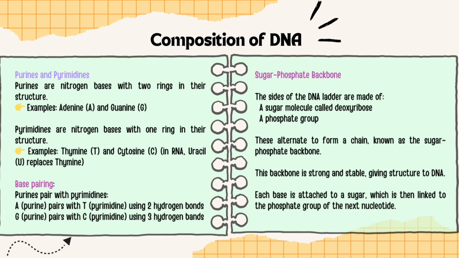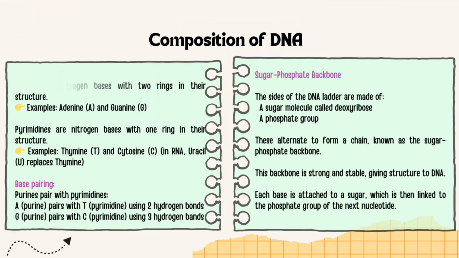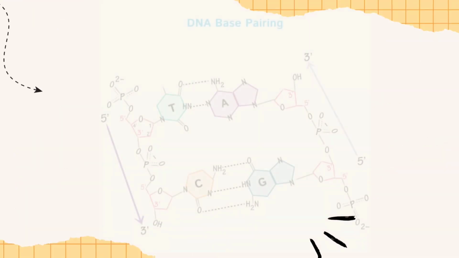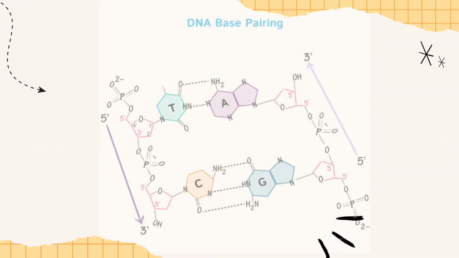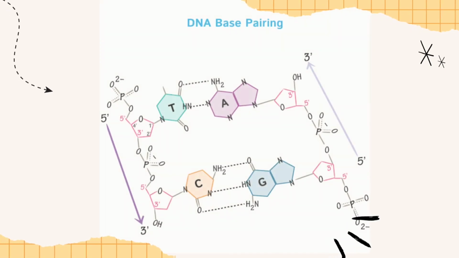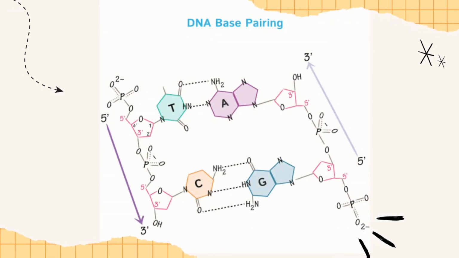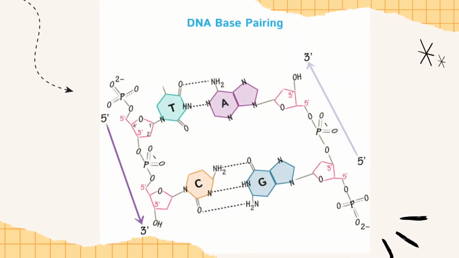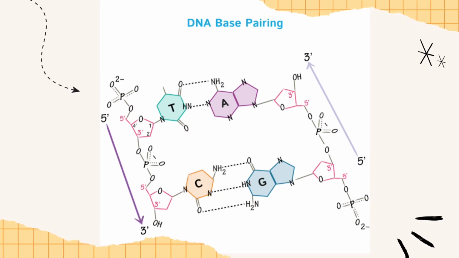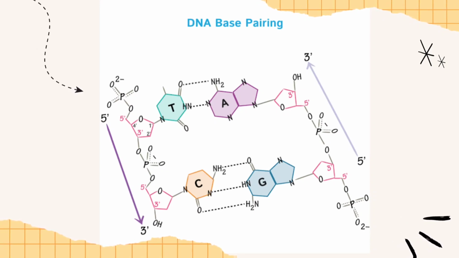These sugar phosphates are linked with each other to form the strand, and nitrogen bases are linked to the sugar, so complete it will form nucleotide. So nucleotide is nitrogen base plus sugar plus phosphate, and these totally will form chain of nucleotides which will create the structure of DNA.